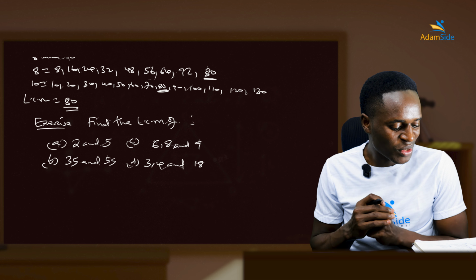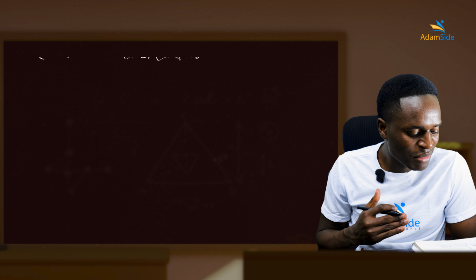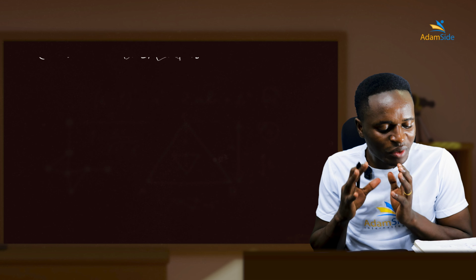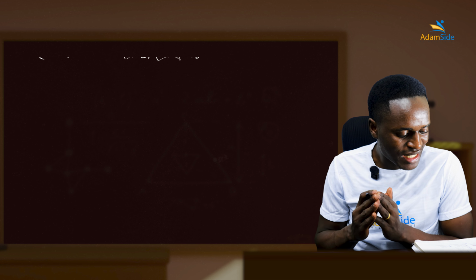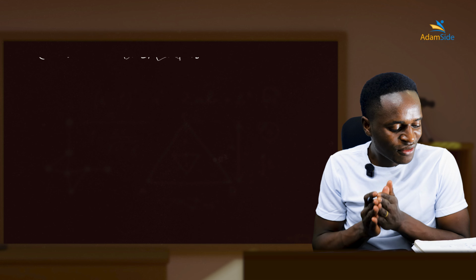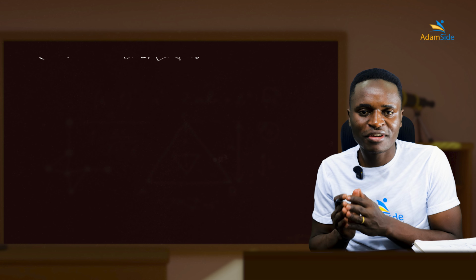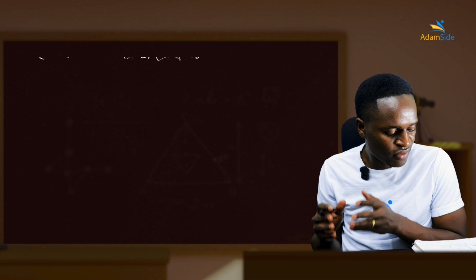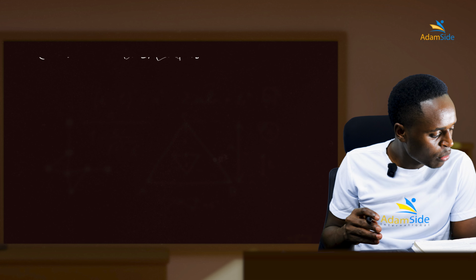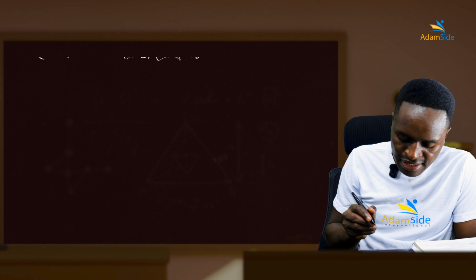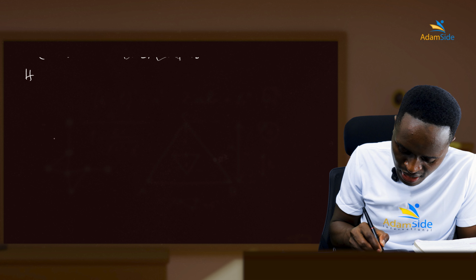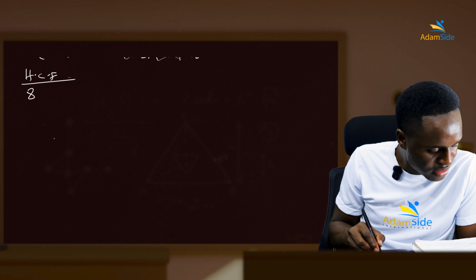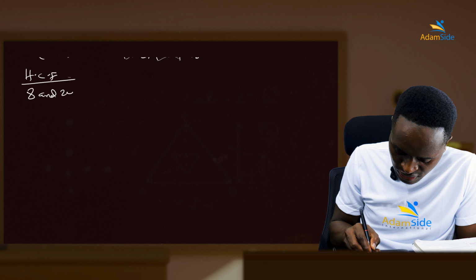We know a factor is a number that divides exactly into another number completely with no remainder. We have understood that. Now, if they say find the highest common factor, it means they want the highest common factor between two numbers. For example, the HCF between 8 and 24.